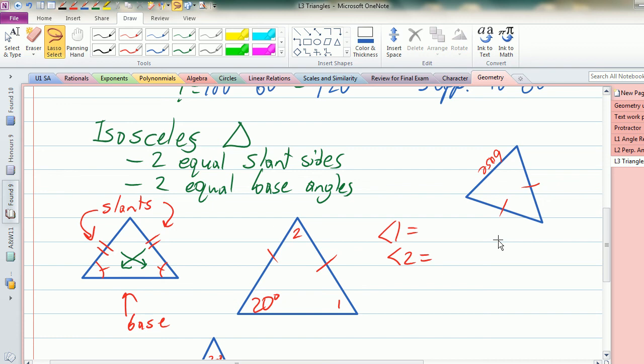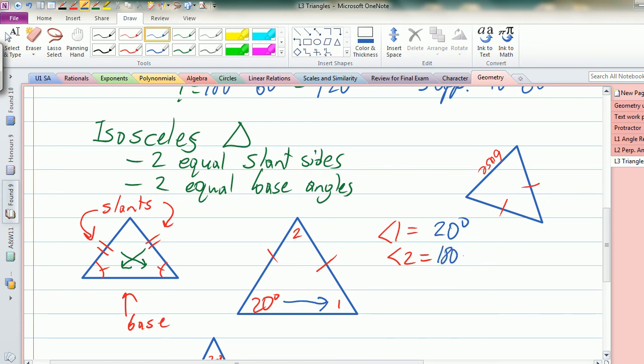So next up here we have a question. We're trying to find angle 1 and angle 2 in this diagram. It's an isosceles triangle. What's the value for angle 1? Yeah, it's 20 degrees because it's the base angle. These 2 are identical. Okay, these are both the base angles. What about angle 2 then? How do we find that?